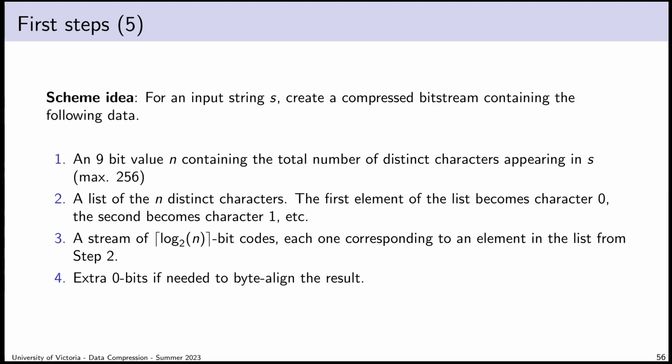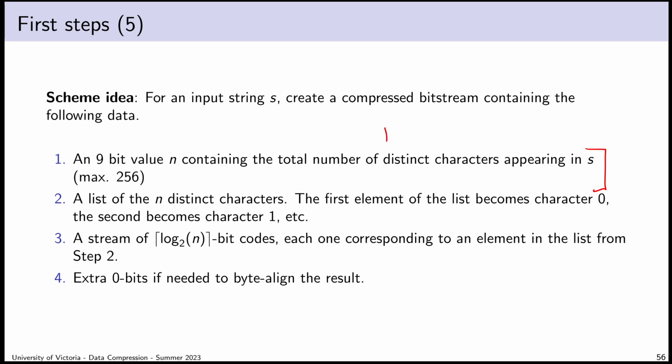So here's a scheme that does that. Here is a complete compression scheme, and the bit stream contains the following things. I take my input string S, and then I construct a compressed bit stream containing all of the following data. If I'm going to use fewer than 8 bits per character, the decompressor has to know how many bits I'm using. The way I'm going to tell it is I will store into my bit stream the number of distinct characters that occur.